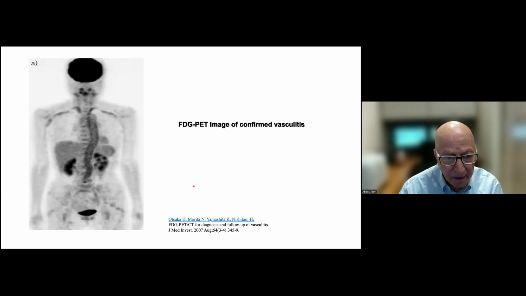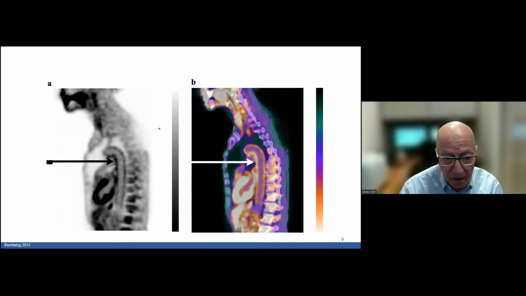We can detect inflammation very effectively, as you see here in a patient with vasculitis in the entire subclavian artery. These are so vivid and clear cut, and we can see the effects of response to treatment by FDG in this setting. Because these are inflammatory plaques in the arch of the aorta that are lighting up so well.